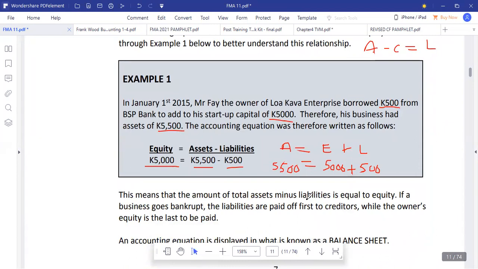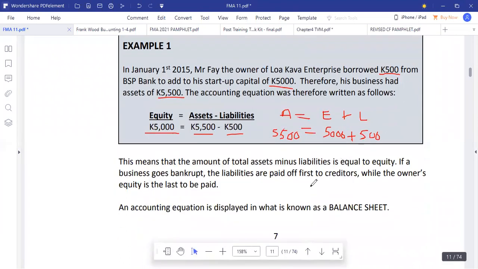So this is where the accounting equation comes in. So this simply means that the amount of the total assets minus the liabilities is equal to the equity. So this therefore means that if a company goes bankrupt, the liabilities are paid off first to the creditors, while the owner's equity will be the last to be paid. So this is what is displayed in a book called a balance sheet.